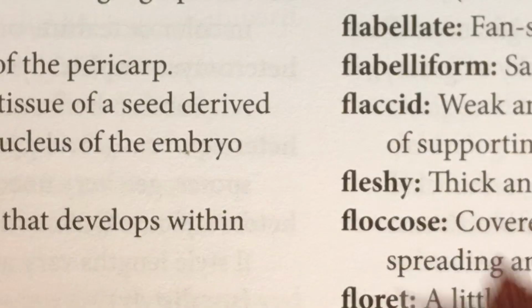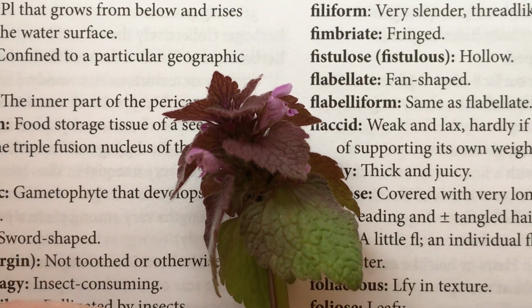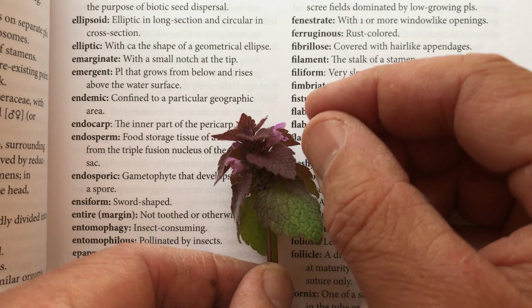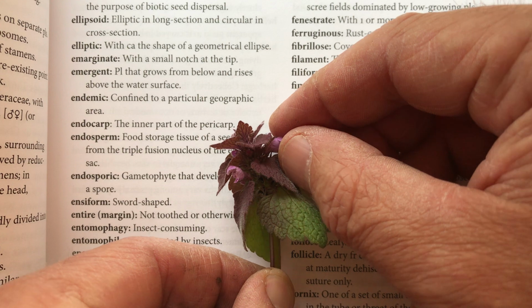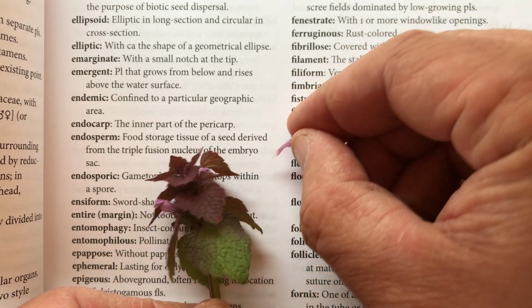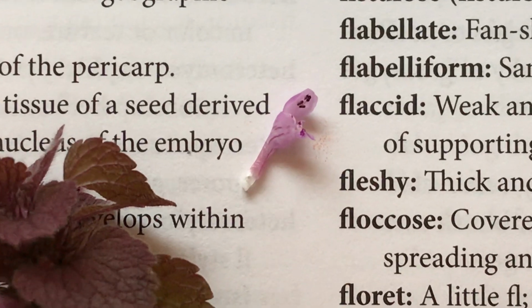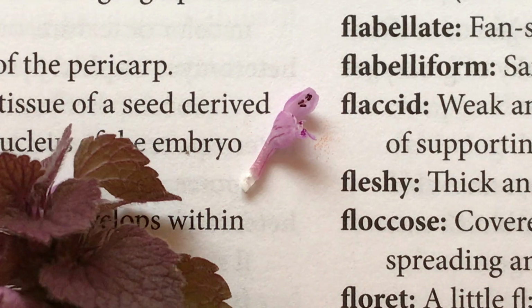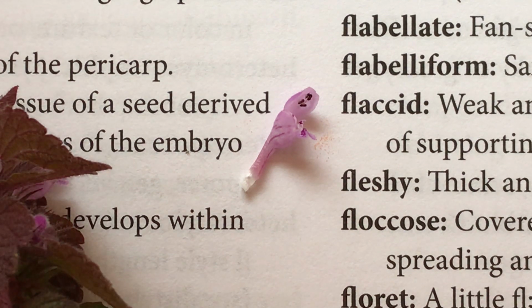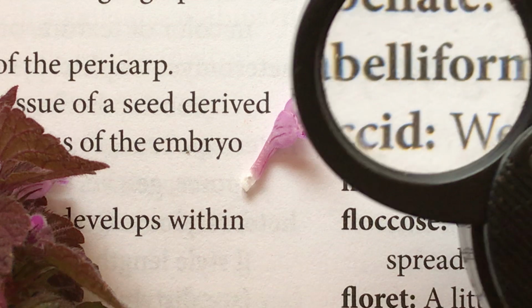If I reach in there, and forgive me as I pull this off here, I'm going to zoom out here. So, loves me not, if I pull that off, you can see that instead of being multiple petals, the flower is actually composed of one single petal that's combined.